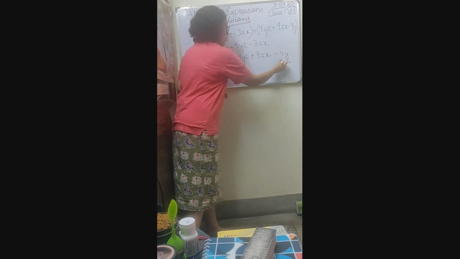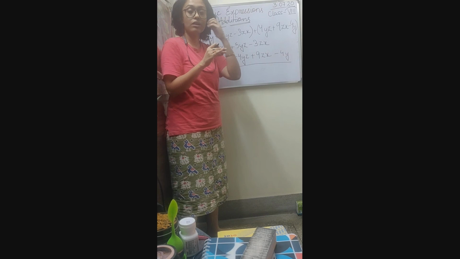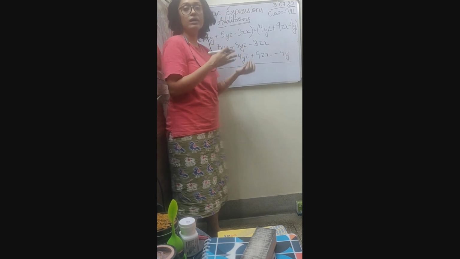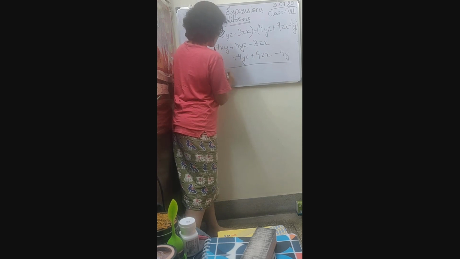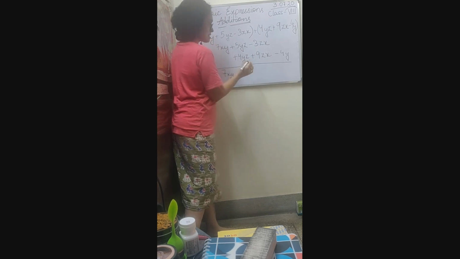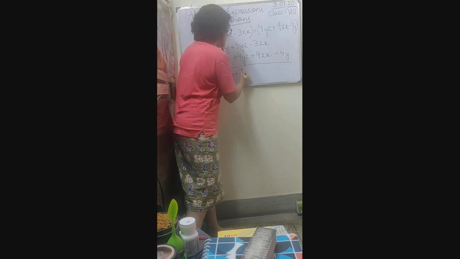So now we operate on it just like we used to do in our younger classes. 7xy is written as it is, plus 5yz plus 4yz becomes plus 9yz.